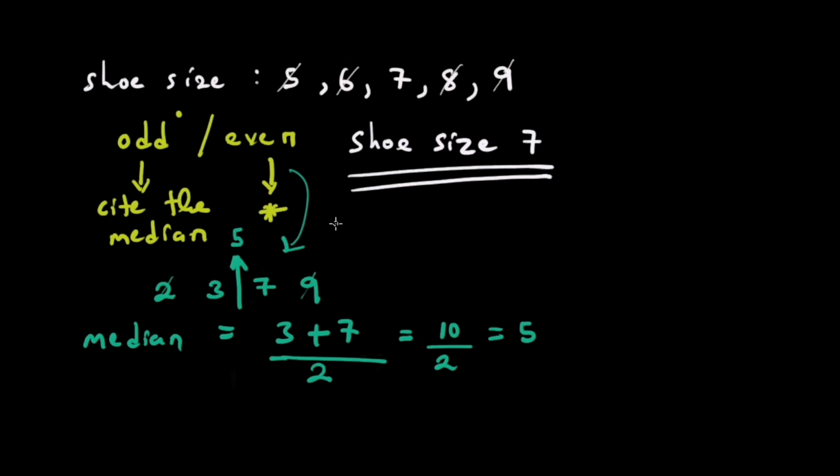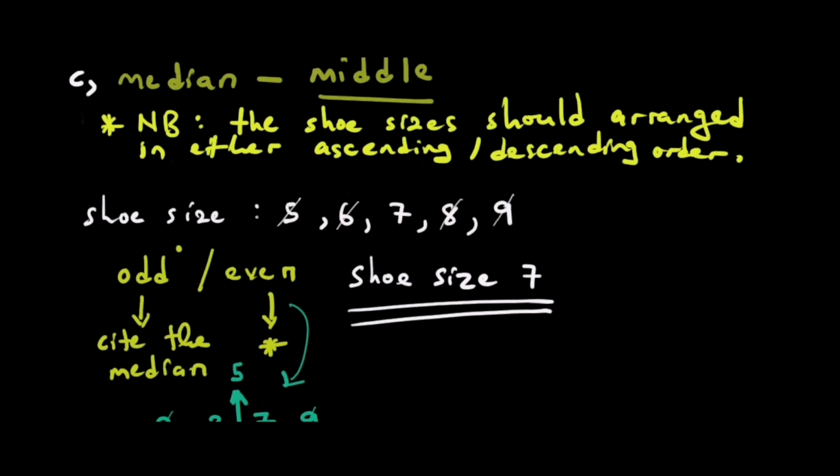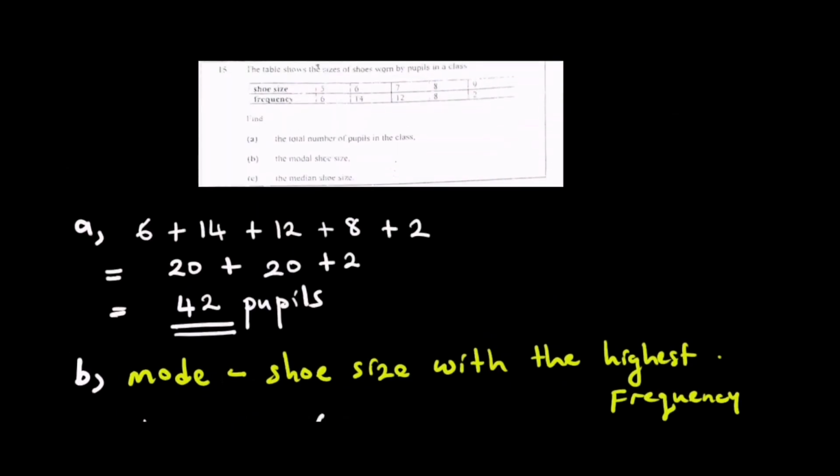So this is how we answer this question. Maybe let us give a summary of what we did. First, the question wanted us to find the total number of pupils in the class. We realized that frequency represents people with the same shoe size. So if we add all our frequencies, we get the total number of pupils in the class, which we did, and we got 42 pupils.